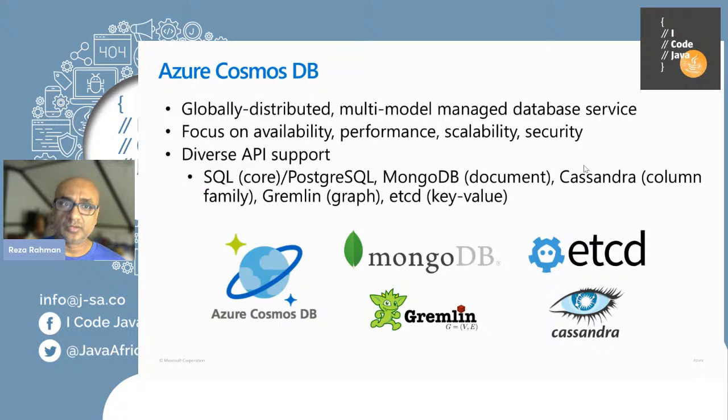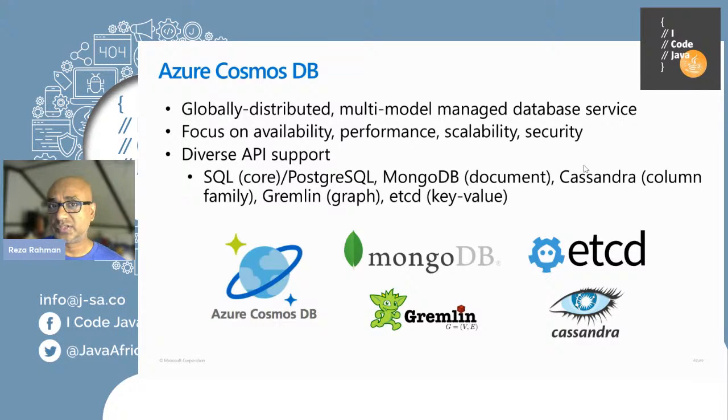Very recently, Cosmos DB has also introduced a PostgreSQL facade. There's also a MongoDB facade. You can use the MongoDB API to access Azure Cosmos DB. You can use Cassandra as an API to access Cosmos DB, so it'll look and feel like Cassandra, just like it can look and feel like MongoDB.